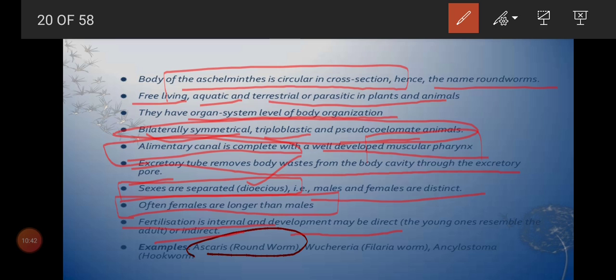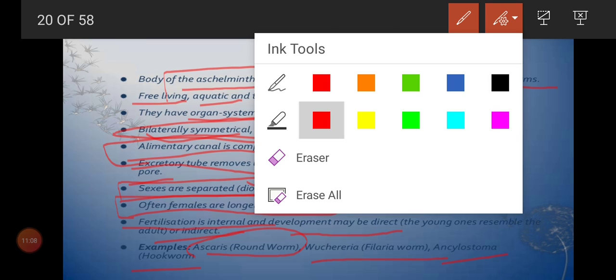Ascaris lumbricoides, the roundworm, which can be seen in our intestine as a parasite, and Wuchereria, the filarial worm. It will cause a disease called elephantiasis, because of which our leg becomes elephant-like in structure. That is only Wuchereria. And Ancylostoma, the hookworm. These are the common examples for the aschelminthes group.